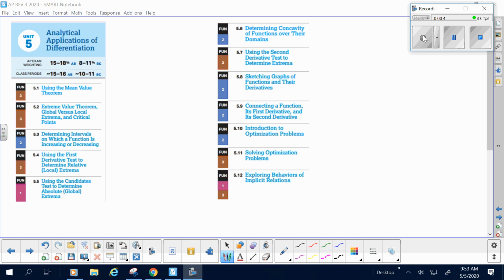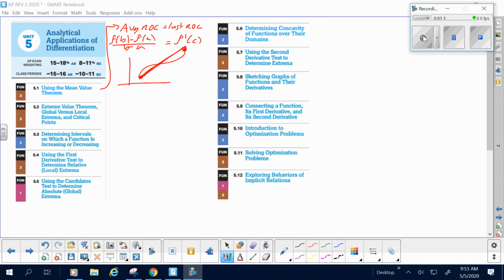The mean value theorem. Remember, the big idea here is that there is a place where the average rate of change equals the instantaneous rate of change. If I look at this graphically, with an average rate of change between two endpoints, the slope between the two endpoints, there's got to be a place where the tangent slope is the same.